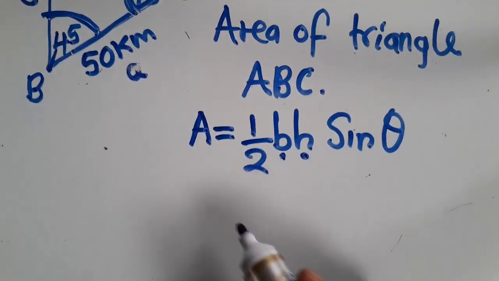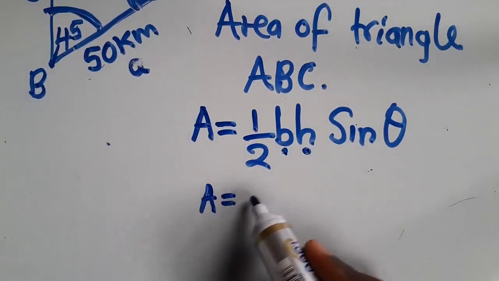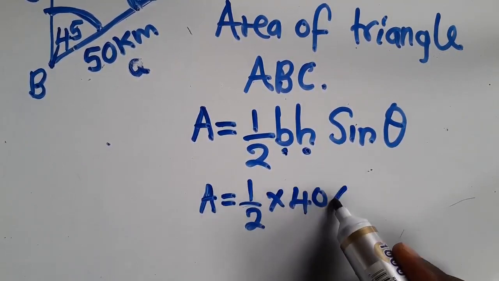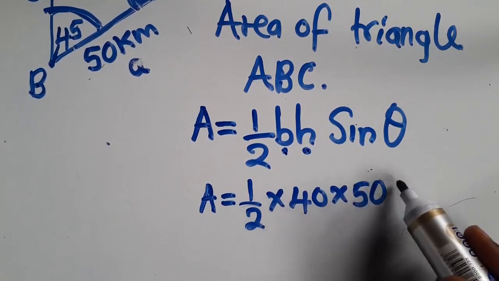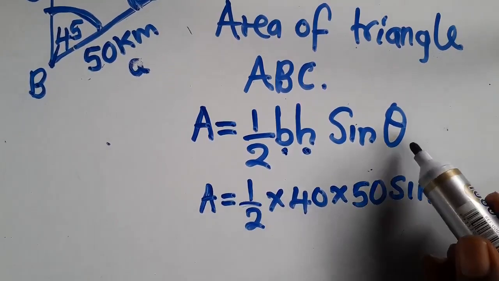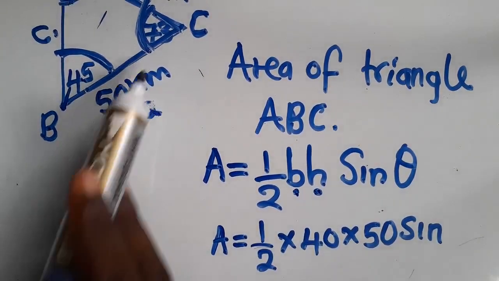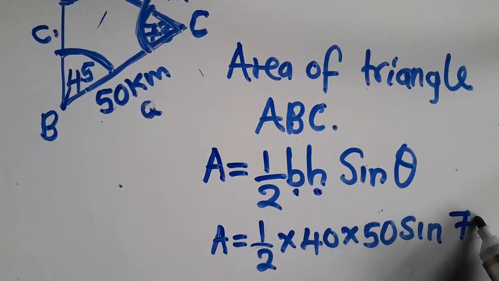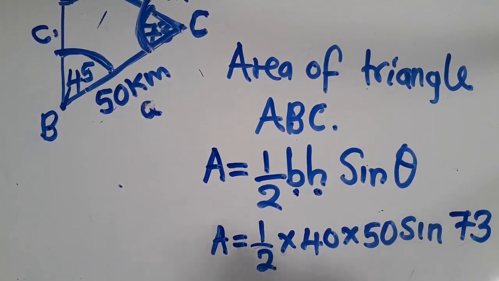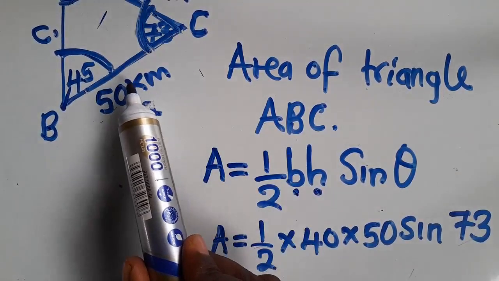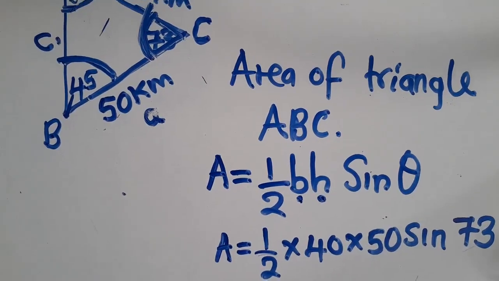So this is equal to half times 40 times 50 times sine of the angle. Which angle is in the middle? If you check, the angle is 73. You cannot get this angle when you've used these two sides, which means you are breaking a principle.